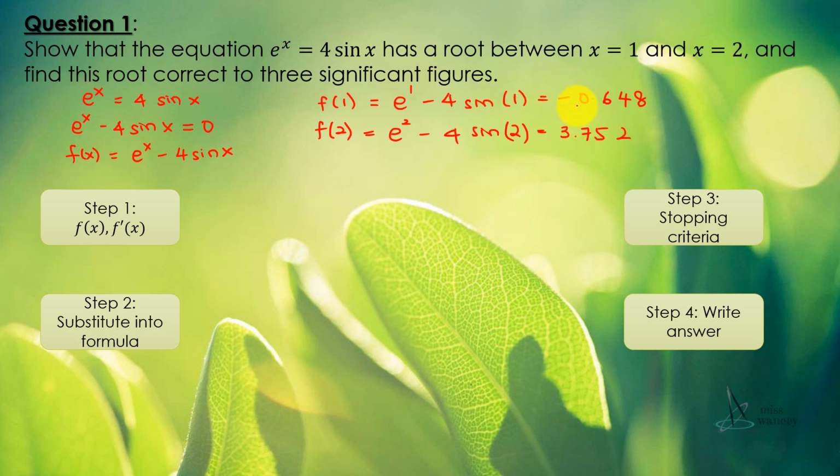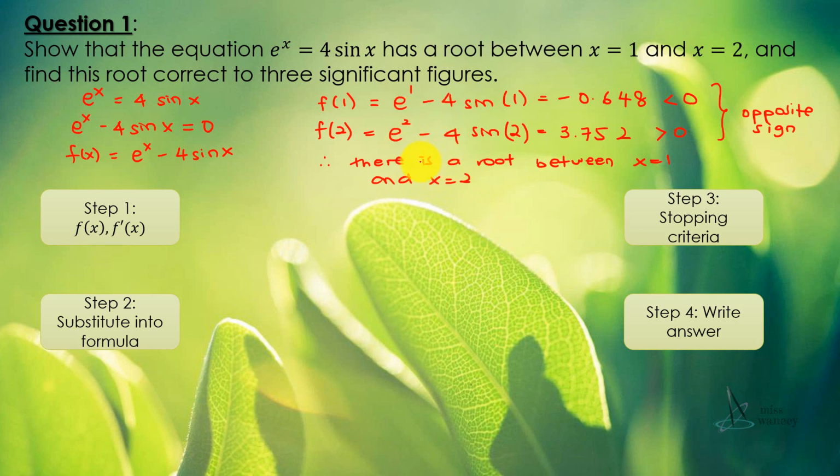Okay, so as you can see, this is negative, less than 0, and this is positive, greater than 0. Since we have opposite signs, because one of them is positive and one of them is negative, therefore we can see that there is a root between x = 1 and x = 2.